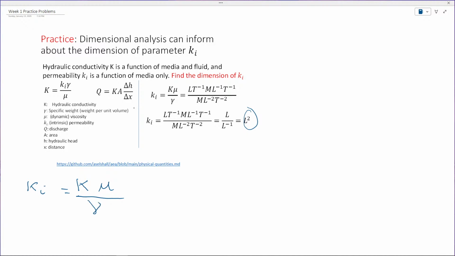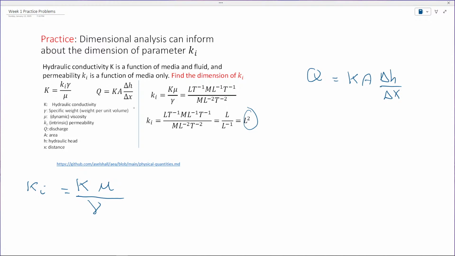Now, let's say I don't know the dimension of the hydraulic conductivity. I'm giving you an equation for it, so I can use this equation, which has things that I know the dimension of, to find the dimension of this guy. The equation is Q is equal to K A delta H over delta X. Q is discharge.